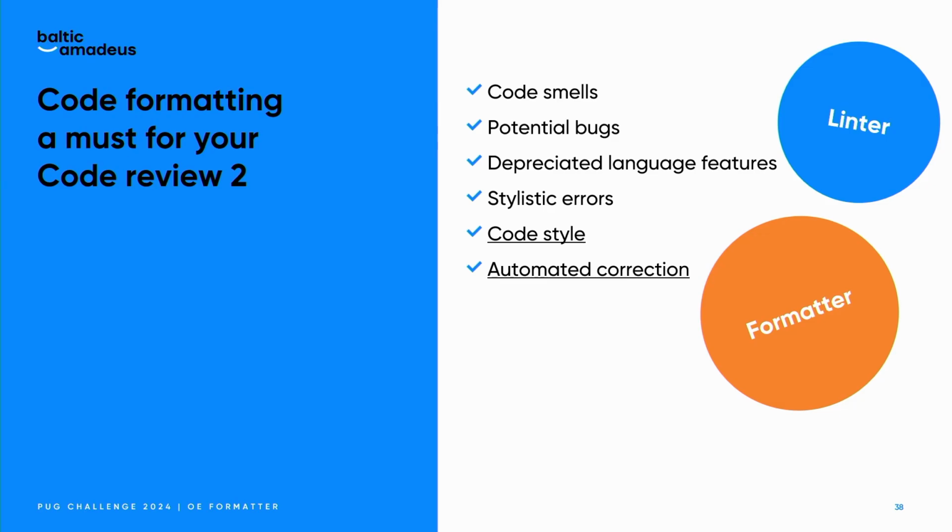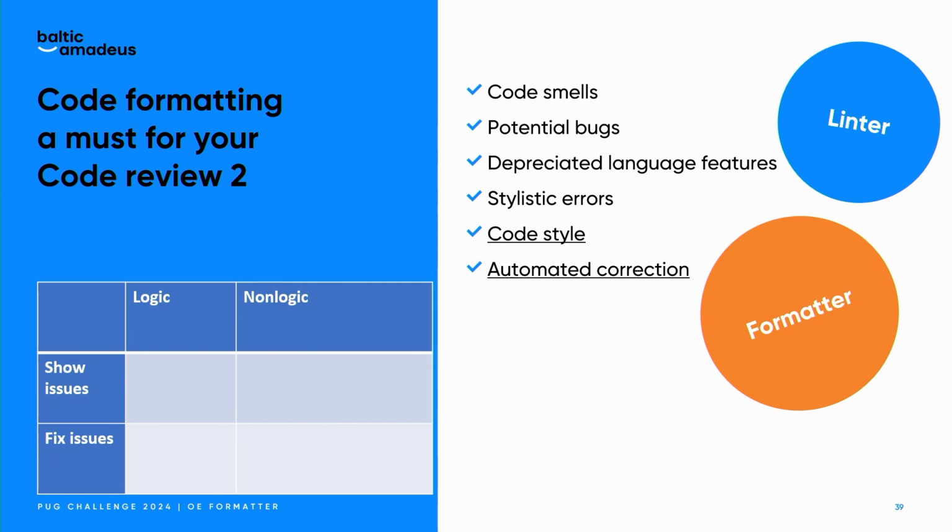A formatter is also interested in your coding style, but the difference is that it actually does the automated correction. Usually a linter is just pointing out that there is something wrong. Maybe fancier ones nowadays will show you what could be the fix, but ultimately it's just pointing to the place in your code that is maybe written incorrectly or has some issues. And the formatter's idea is to actually fix those issues.